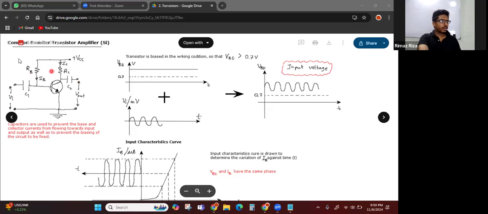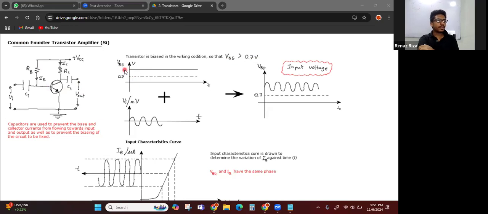Okay, so the transistor is biased in the working condition so that VBE must be greater than 0.7 volt. So we bias VBE to some value, let's say 1 volt. So the BE junction is biased.